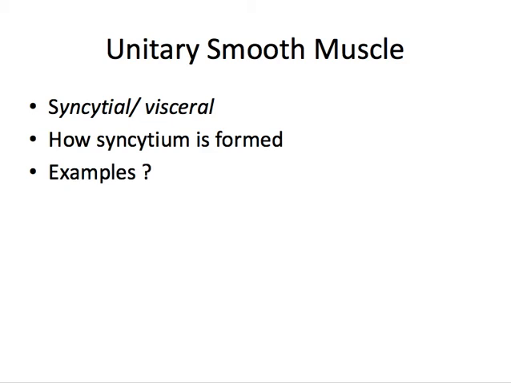The unitary type of smooth muscle is also called syncytial smooth muscle or visceral smooth muscle. Unitary smooth muscle is actually a sheet or bundle of interconnected muscle fibers, a mass of hundreds to thousands of smooth muscle fibers that contract together as a single unit.